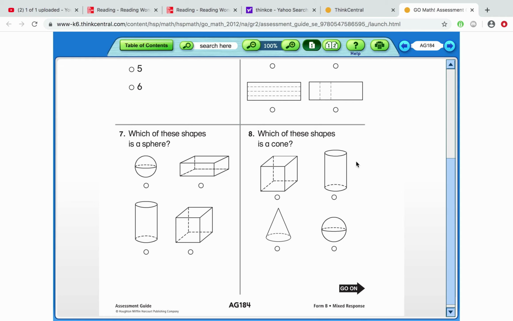This is a cylinder like a soup can. We already said this was a sphere, so here's our cone. I imagine turning it upside down and putting some ice cream in it, or the orange traffic cones that are used when there's construction going on our roads. So your answer is kind of like the top of a triangle with an oval along the bottom to draw. That is a cone.